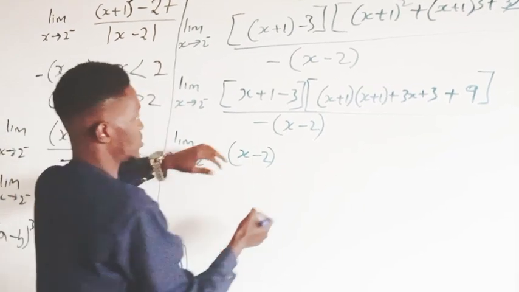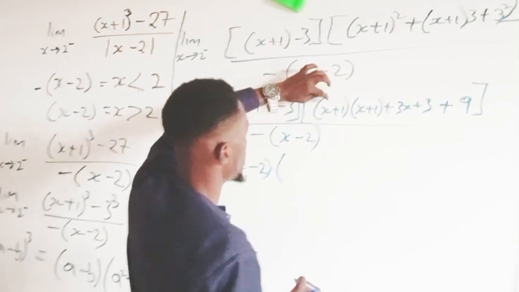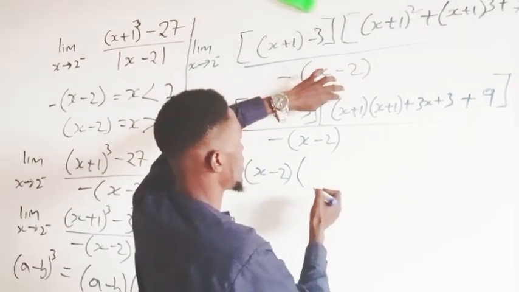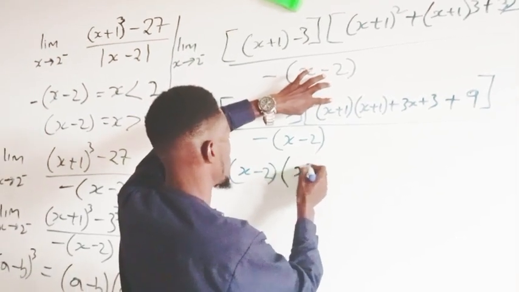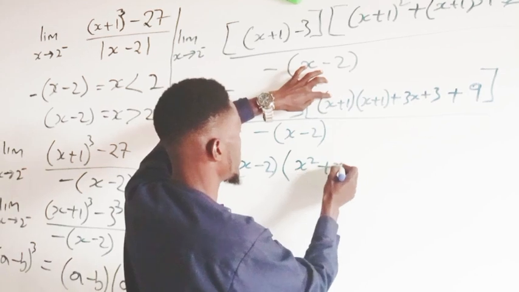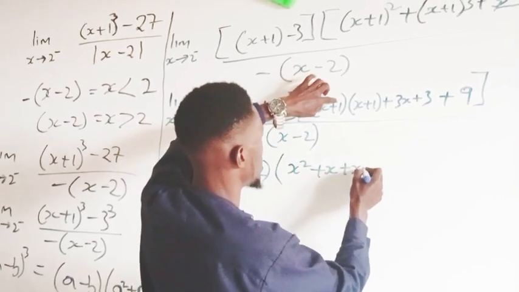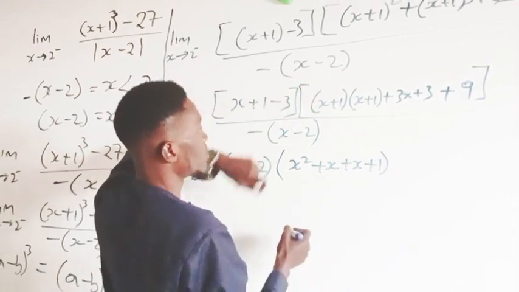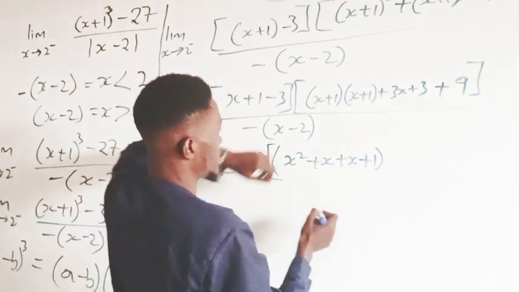On this side, we are going to multiply: x times x is x square. x times 1 is plus x. x times 1 is also plus x. 1 times 1 is 1.